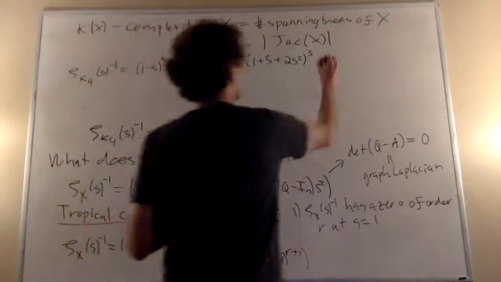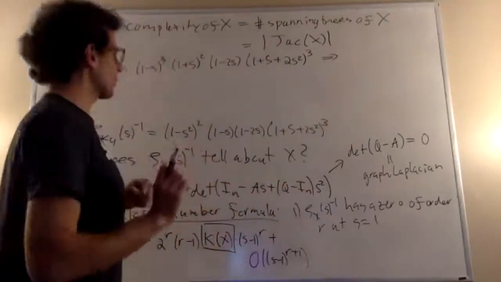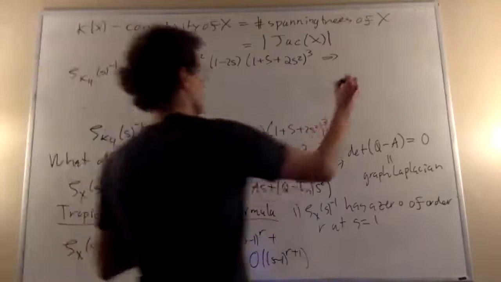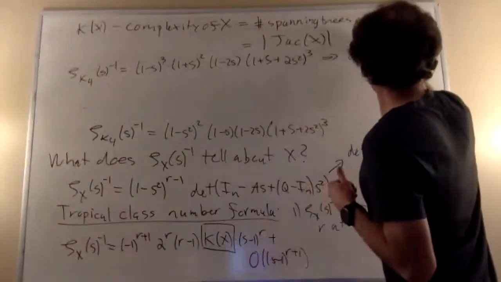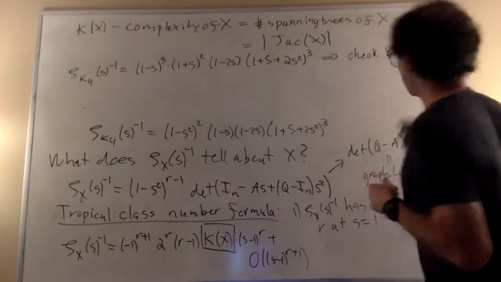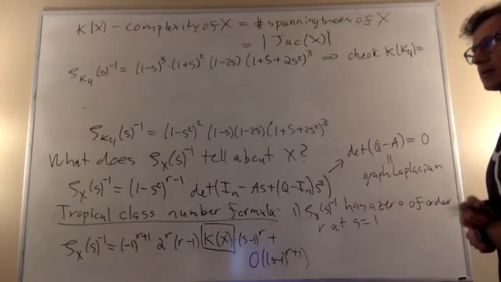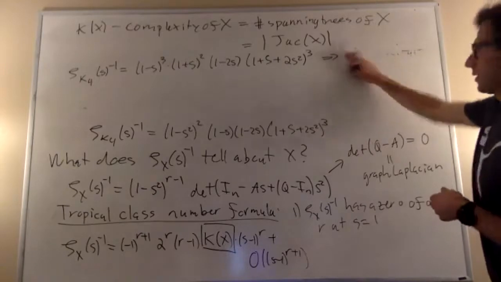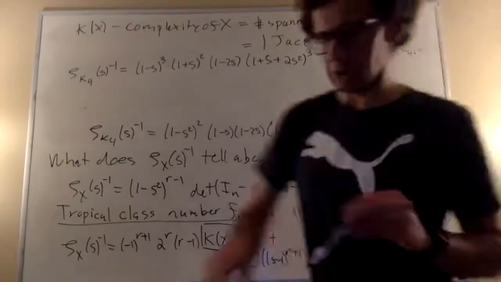Well, anyway, let me not do this calculation. I want to do one more thing. Just check by yourselves that the complexity of K4 is going to be, I forgot what it is. Let me just mulligan that calculation.